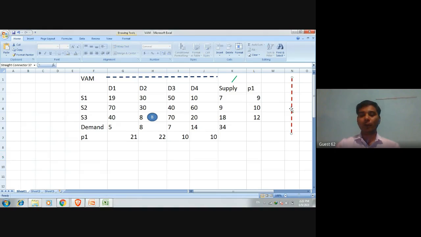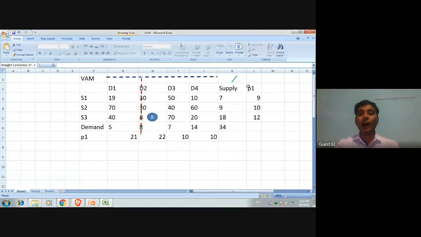We will draw a vertical line from column D2, because the demand of column D2 has been exhausted now. I have drawn a vertical red dashed line. So the demand of D2 has been exhausted.